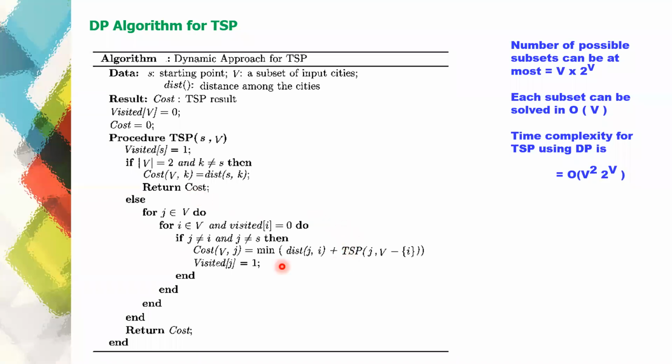This is the recursive formula: distance of ij, that is Cij, plus the g cost function. Now j will become the starting city. This V minus i will be the remaining cities. And this is the time complexity of the algorithm: Big O of V square 2 power V, where V is the number of cities.